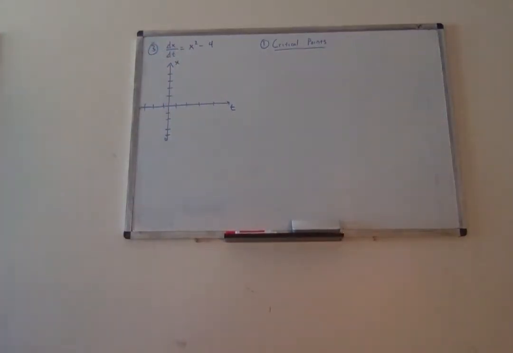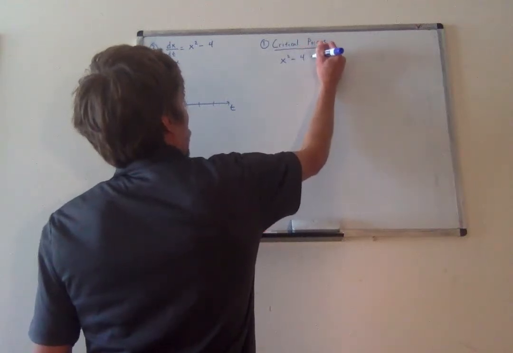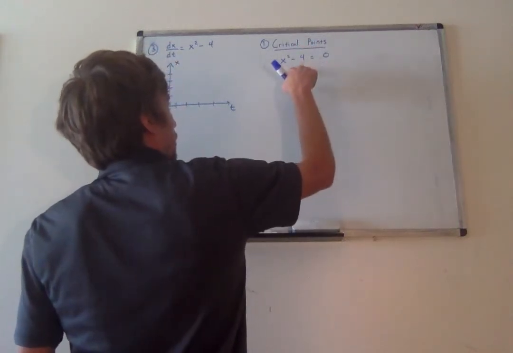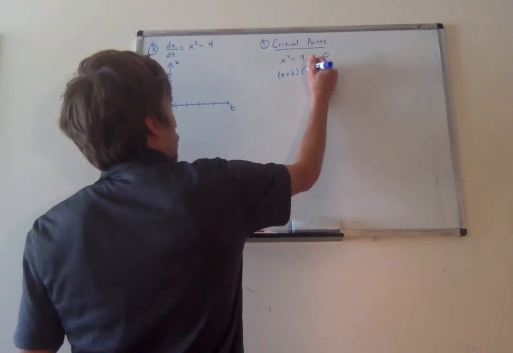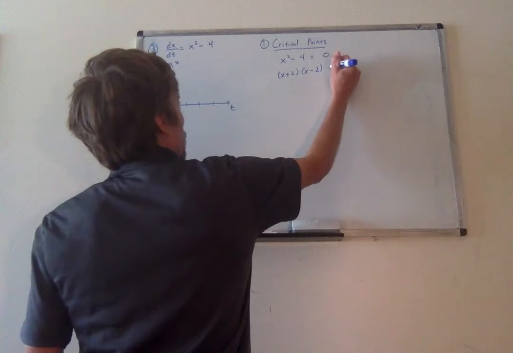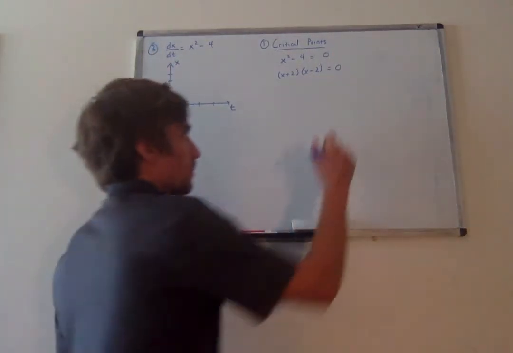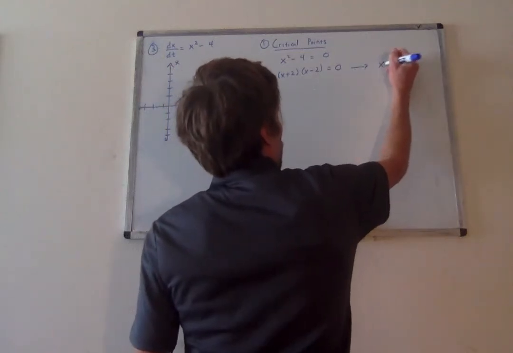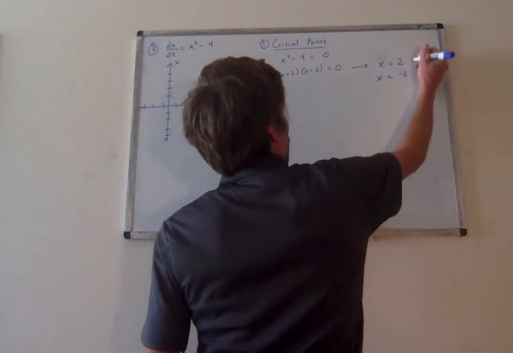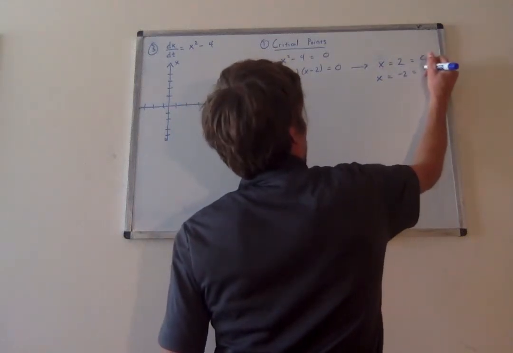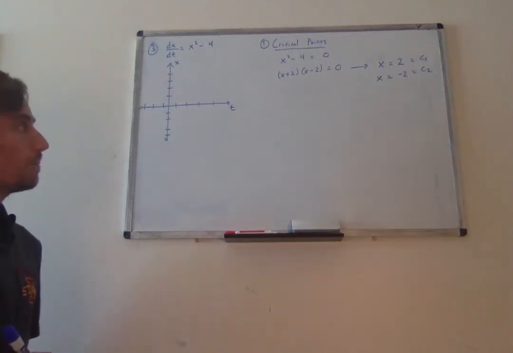So to do this, we just want to set f of x, or in this case x squared minus 4, equal to 0. This factors as x plus 2 times x minus 2. So that's just difference of squares. And so from this we get x equals 2 and x equals negative 2, which maybe I'll call critical point C1, and critical point C2 are the two critical points of this equation.